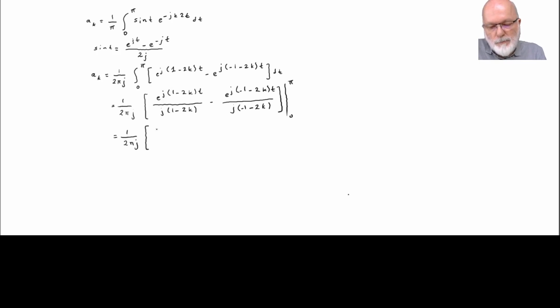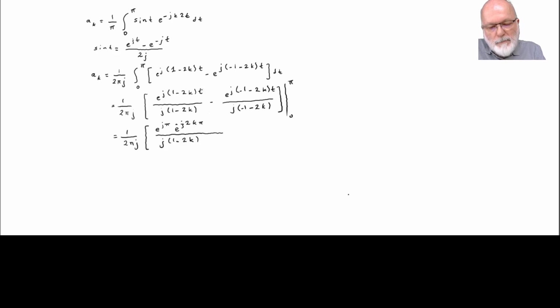So we have e to the j pi, e to the minus j 2k pi, divided by j (1 minus 2k). And similarly, we also have to evaluate the function at 0.